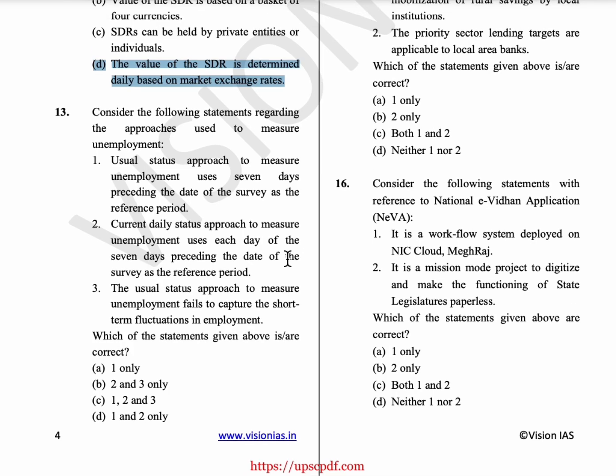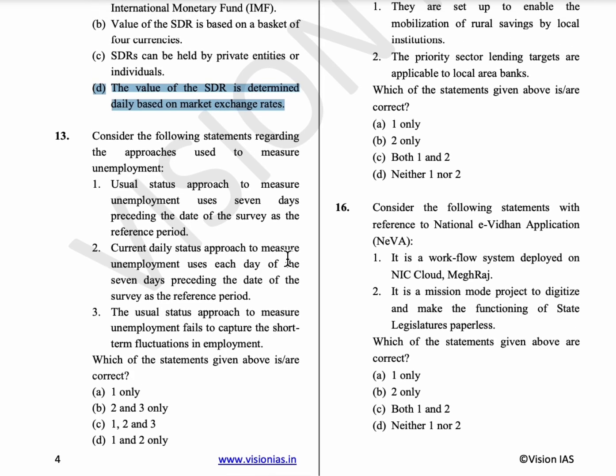13th question, consider the following statements regarding the approaches used to measure unemployment. So the first statement is, usual status approach to measure unemployment uses 7 days preceding the date of the survey as the reference period. Here the usual status approach uses 365 days, not 7 days.